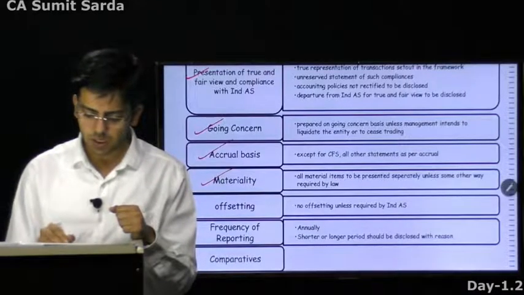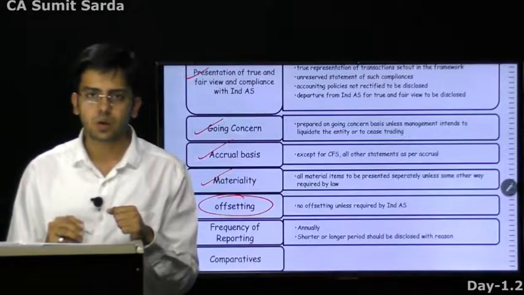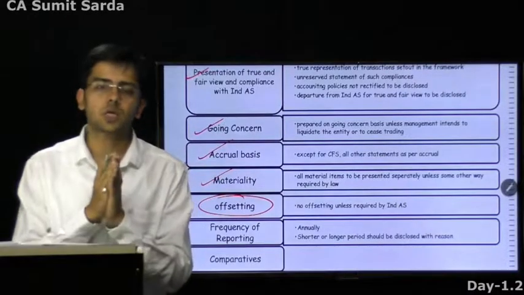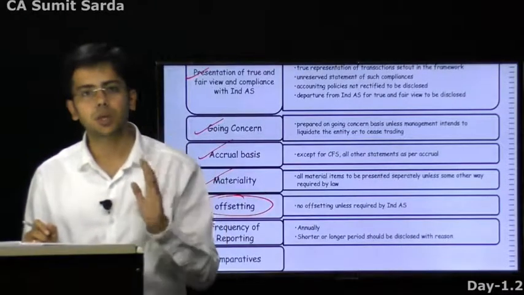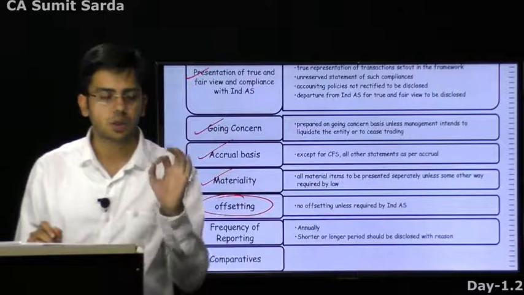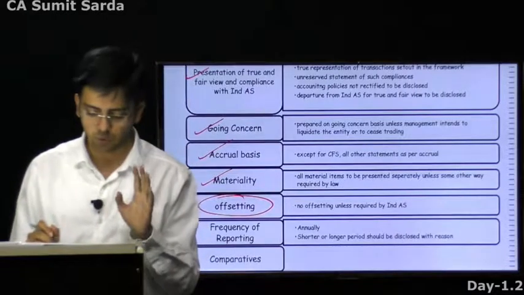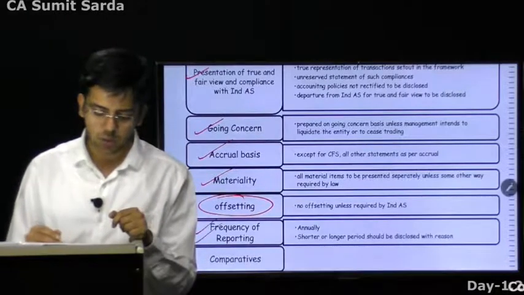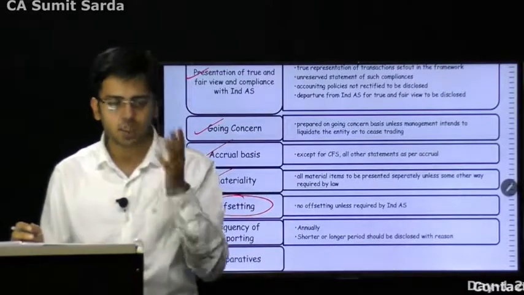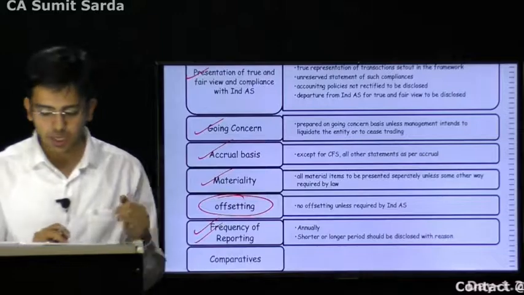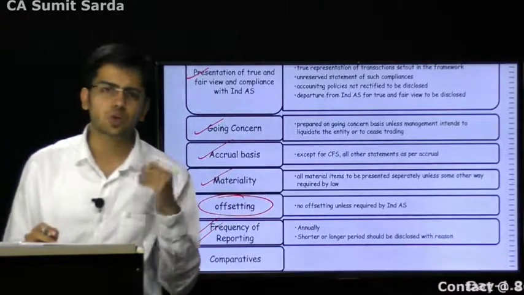Materiality is same. Offsetting is new. Can I net off two transactions with each other? So Indian accounting standard says if permitted by other Indian accounting standard, well and fine, else you cannot. If any Indian accounting standard says that netting off is permitted, you can do it, else you cannot. Frequency of reporting not dealt with under accounting standard. Ind AS says that generally it is 12 months, but it can extend up to 15 months in case of consolidation.